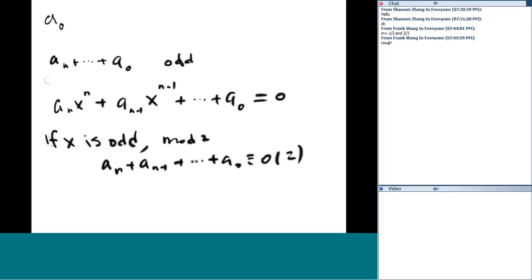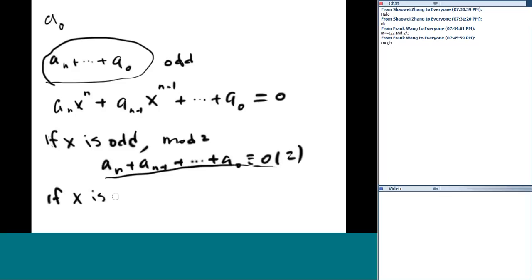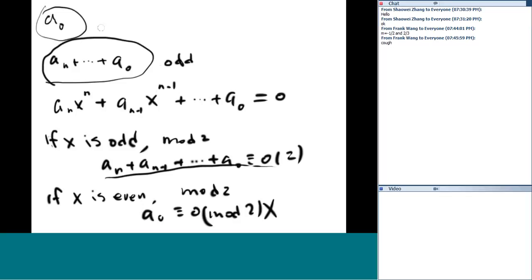And originally this is odd, so this added up together cannot be that way. Okay? If x is even, we take the modulus again, you get a0 mod 2. So this is also impossible because a0 is odd here. Okay? Yeah.